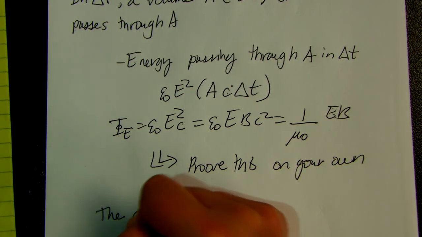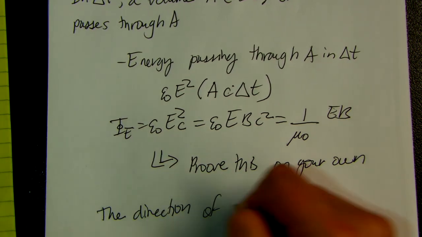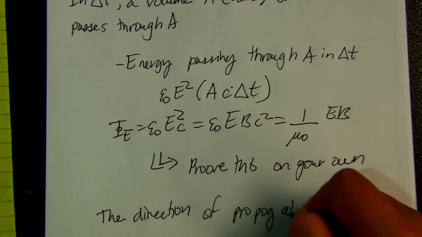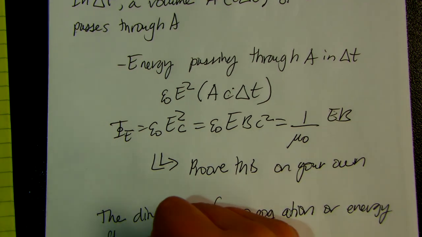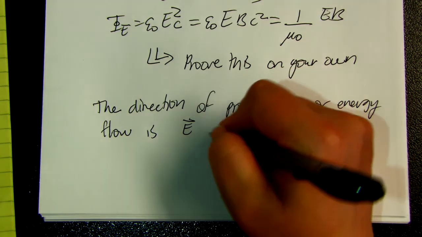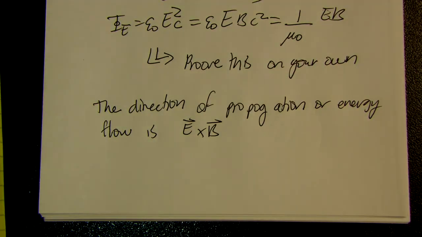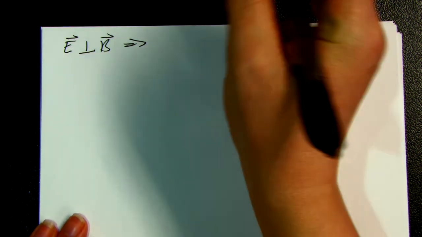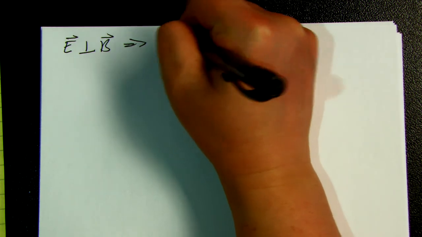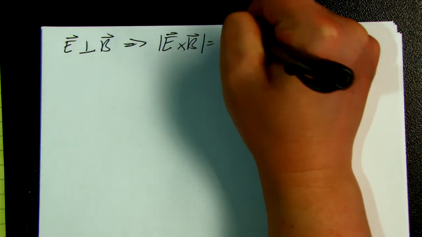And the direction of propagation, or energy flow, is E cross B. So, if E is perpendicular to B, then E cross B is equal to EB.